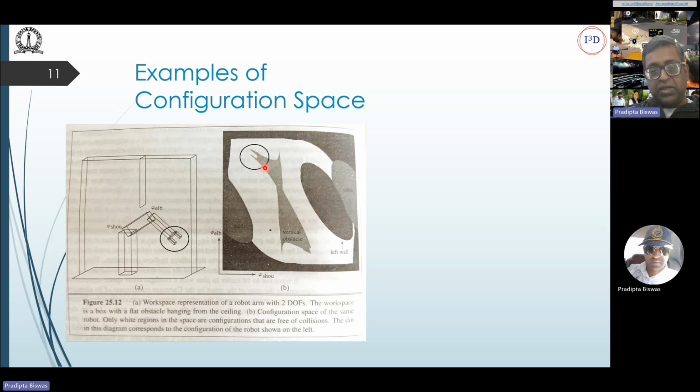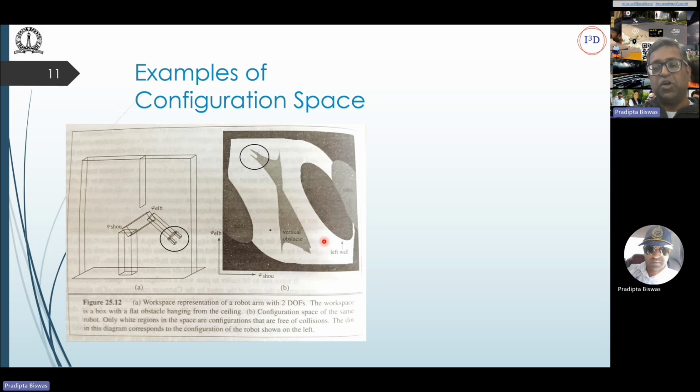So again, at this point you may ask why we have exactly this shape, and it also points to something: often this configuration representation is not simple. For example, if I ask you to find an equation of this curve here or this curve here, if I want to exactly represent this configuration space, I need an equation of this graph, right? And that is one problem when we try to do motion planning in configuration space.